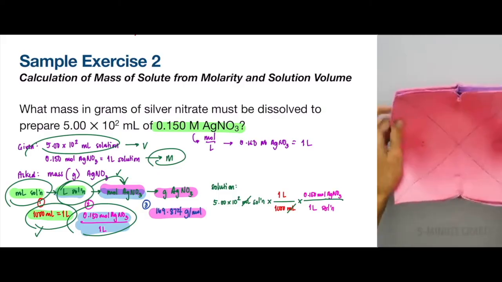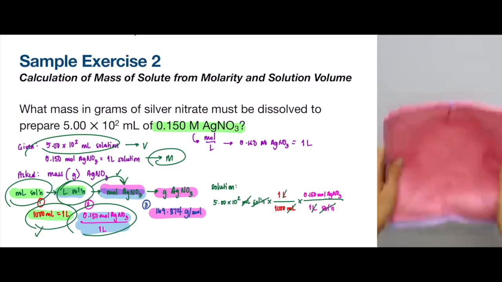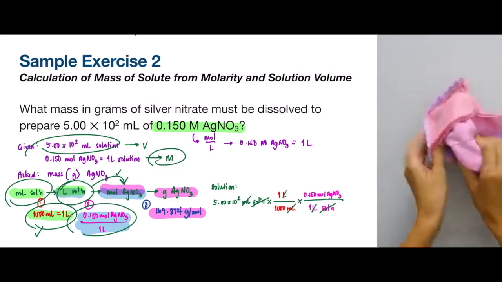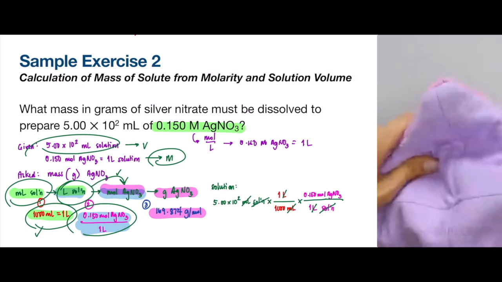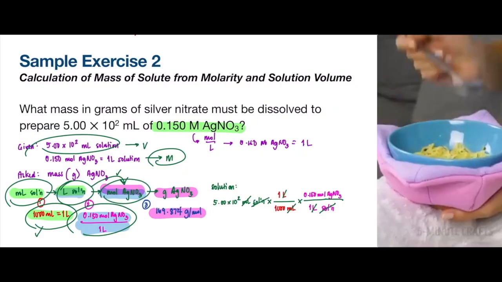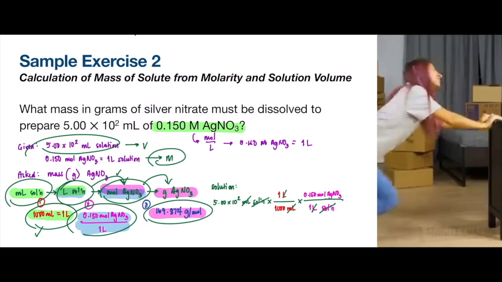And as you can see, we can now cancel the units of liters of solution, and we're left with moles of AgNO3. We're done with step 2. And for the last step, step number 3, we will convert the moles of AgNO3 to grams of AgNO3 by using the molar mass of AgNO3.